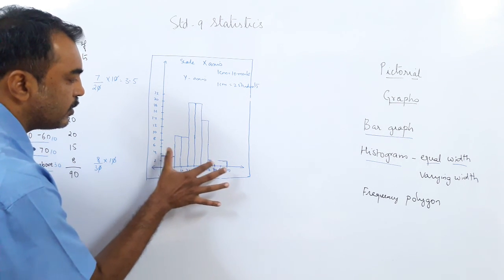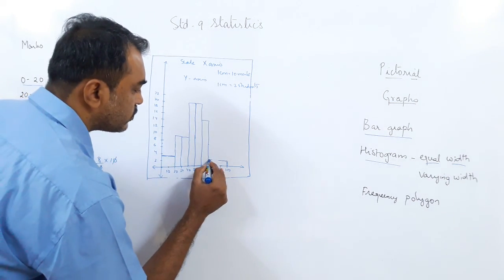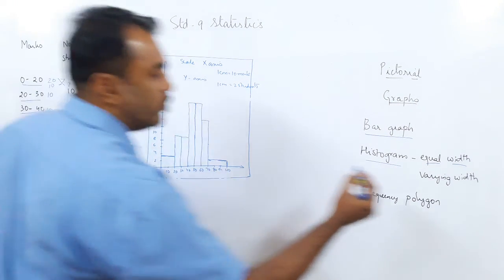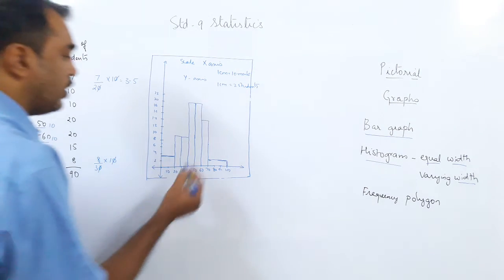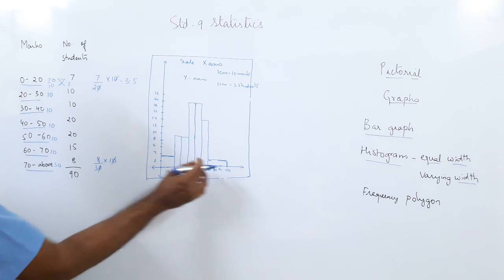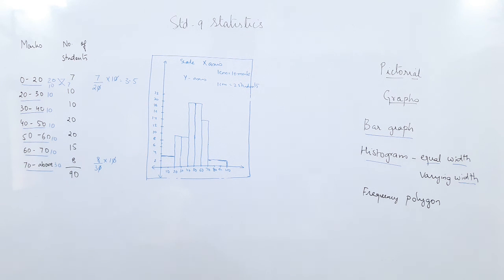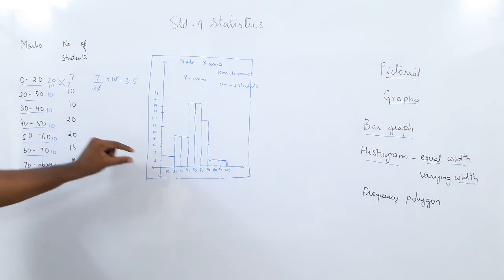So what I have got is a histogram of varying width. Can you see? The width of the column depends upon what class is taken. If the classes have equal class length, then the width will be equal. But if they have a different class length, it will be different. And if the class length is different, then you have to take care to adjust the height.